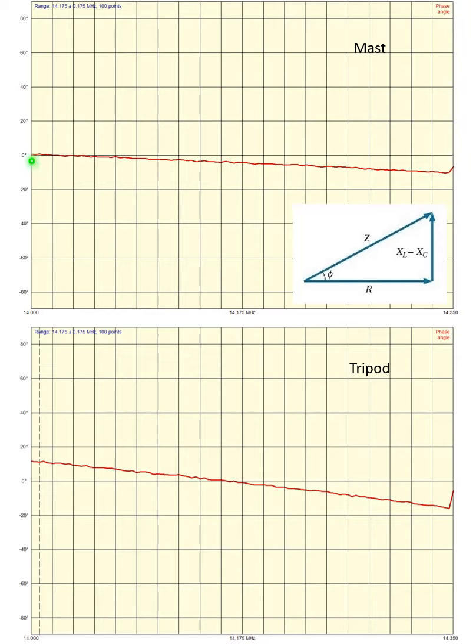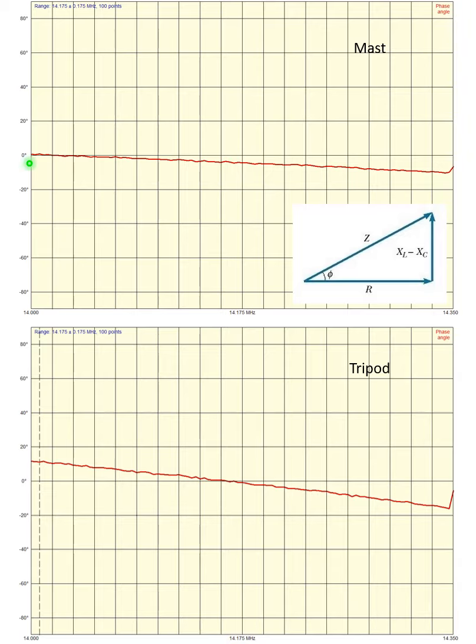Here we can see at 14 megahertz, the phase angle is 0. That tells us quite a bit. One thing it tells us is that this angle being 0 means that the resistance and the magnitude of the impedance are the same. This is the point where the inductive reactance and the capacitive reactance cancel each other out, so there is no reactance.